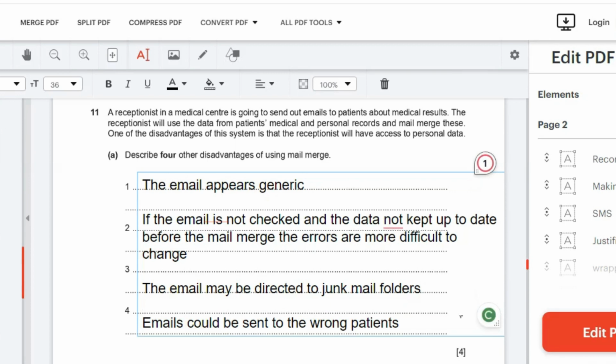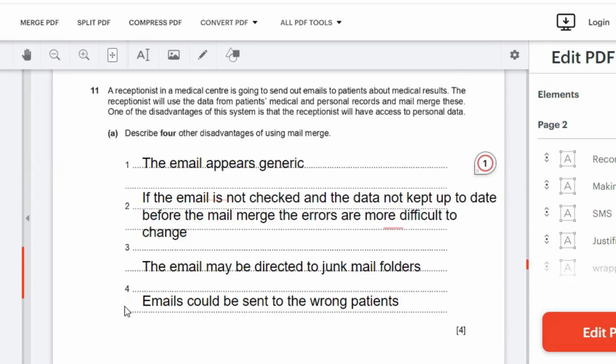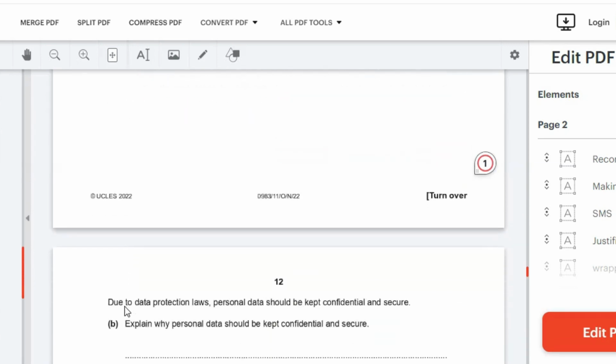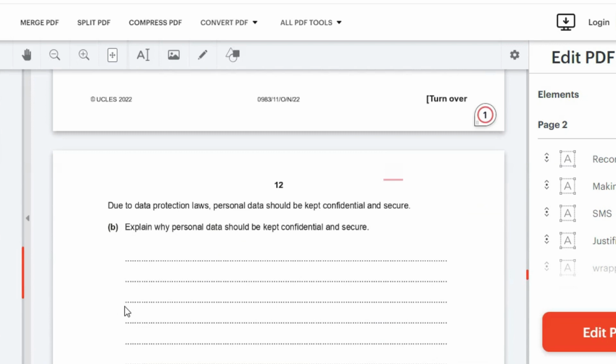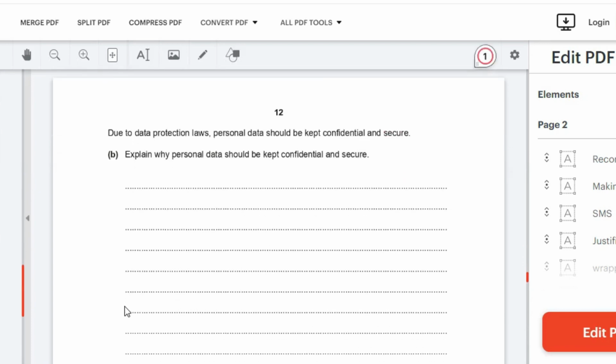All right, so moving on to question 11B now. 11B says, explain why personal data should be kept confidential and secure.